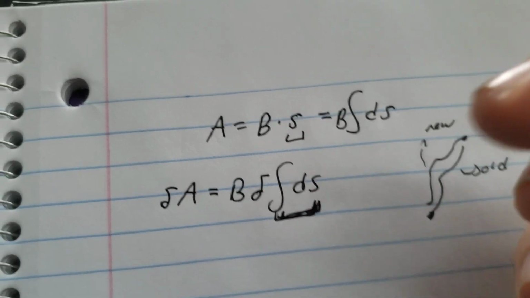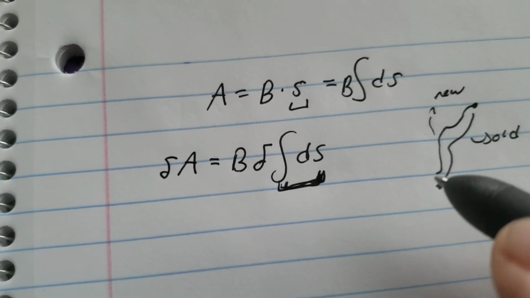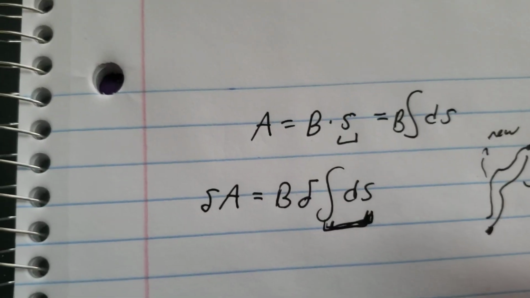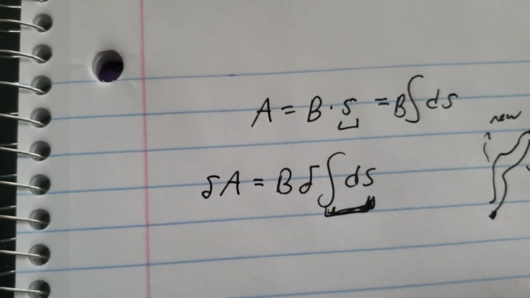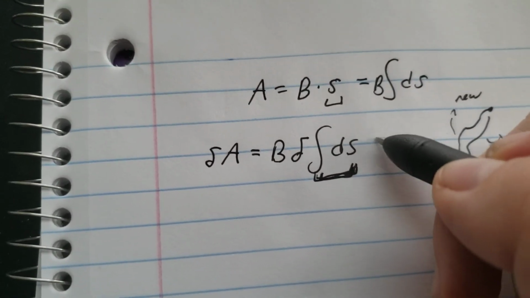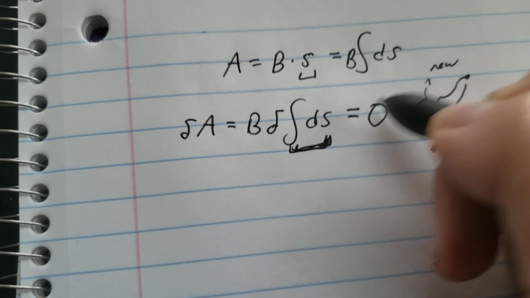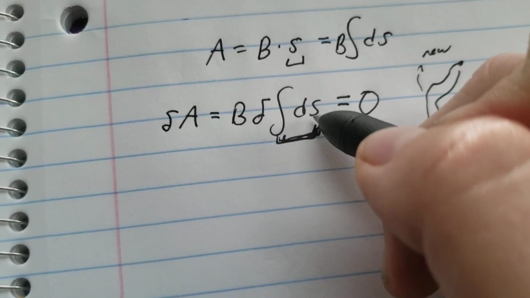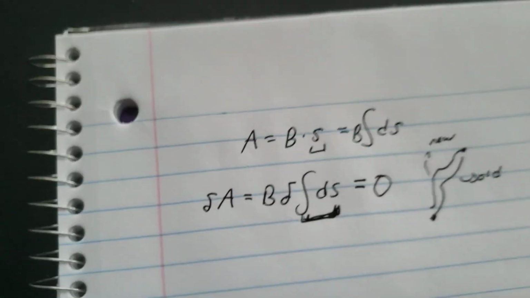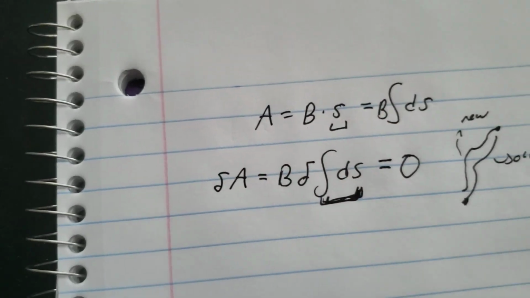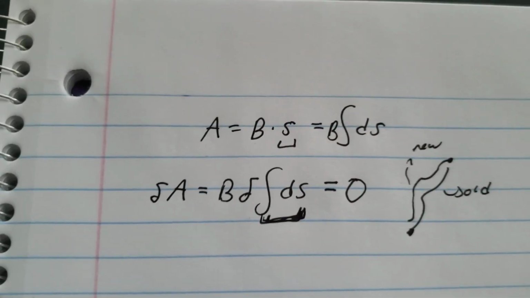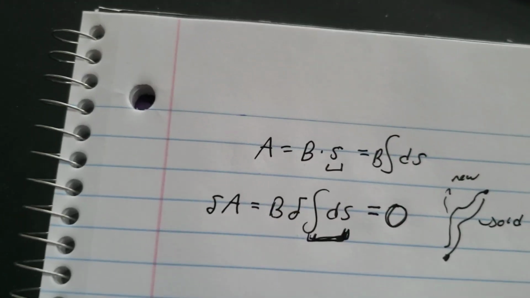It's kind of a generalization of the idea that the extreme points of a function are where the derivative of the function goes to 0. It's going to be 0 because our path is defined as the one which makes this go to 0. So our action, just a constant times ds, is going to also be minimized.